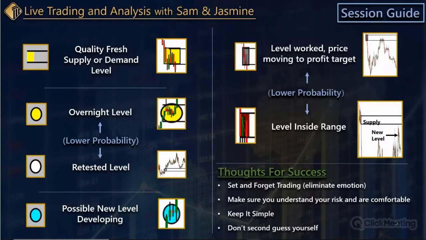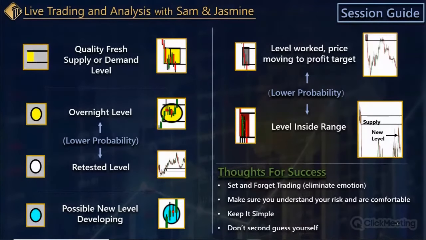The white circle just simply means it's retested, so obviously that's going to be a lower probability opportunity. However, if price just touches the level and takes off, it's not that much lower when it comes to probability. Think about it. Inside of each zone, say a demand zone or supply zone, there are multiple price points.